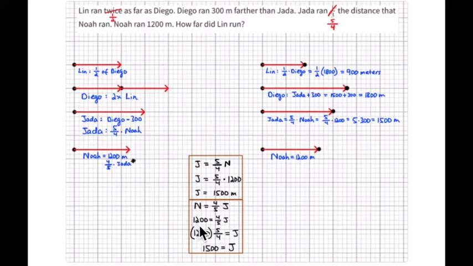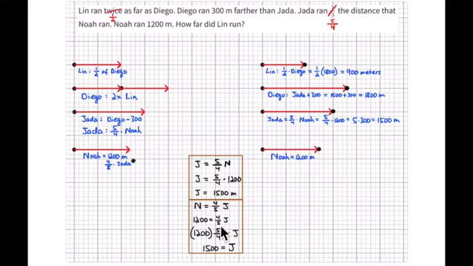So Noah is 1,200 equals 4/5 of Jada. And so notice when you solve it, you multiply 1,200 by 5/4. 4/5 times 5/4 makes this 1. You're multiplying by the multiplicative inverse to make this 1, which is the definition of a multiplicative inverse.